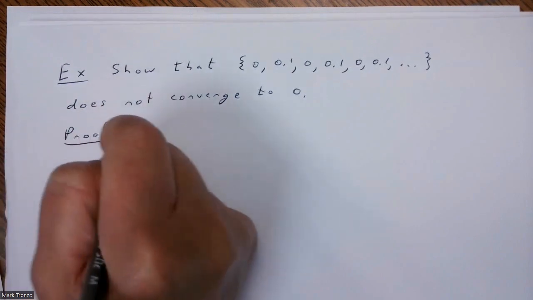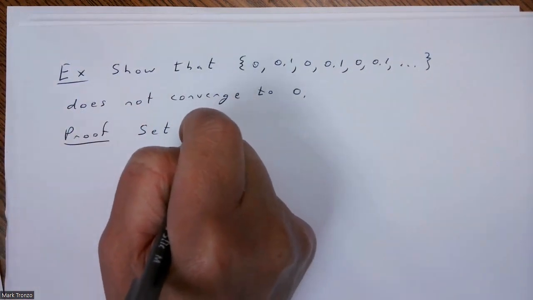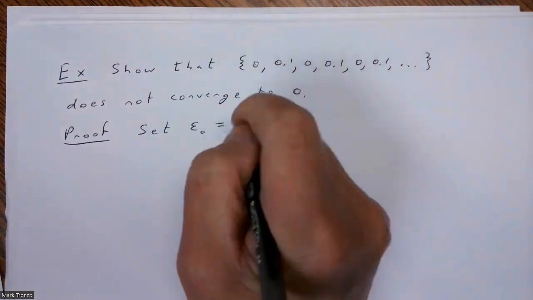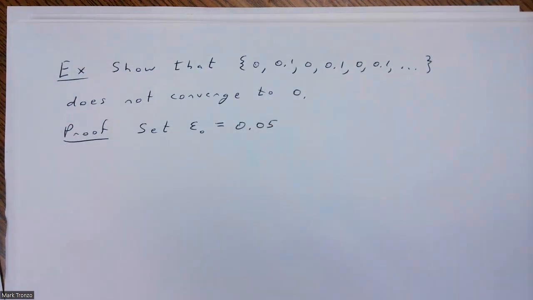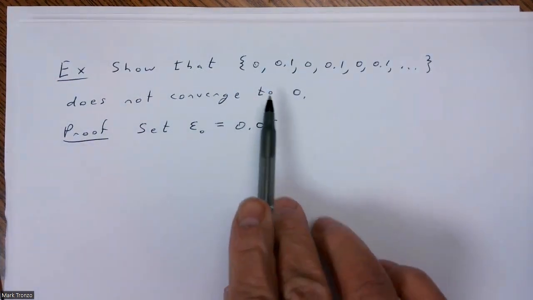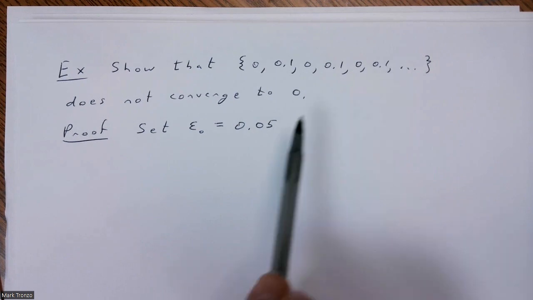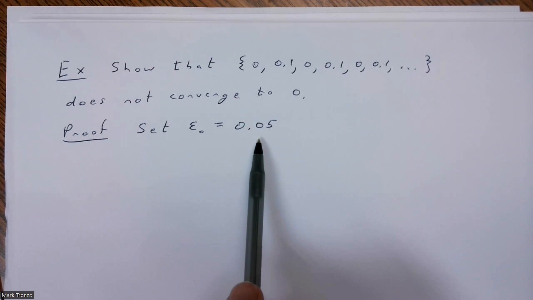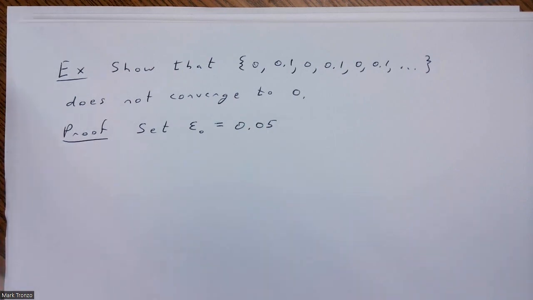Proof. Let's set epsilon, or we can call it epsilon naught, equal to 0.05. Let's pick that. The reason I picked that is because notice that every other term is 0.1 away from 0. So if we pick something smaller than that, say 0.05, then we can show that this does not converge.